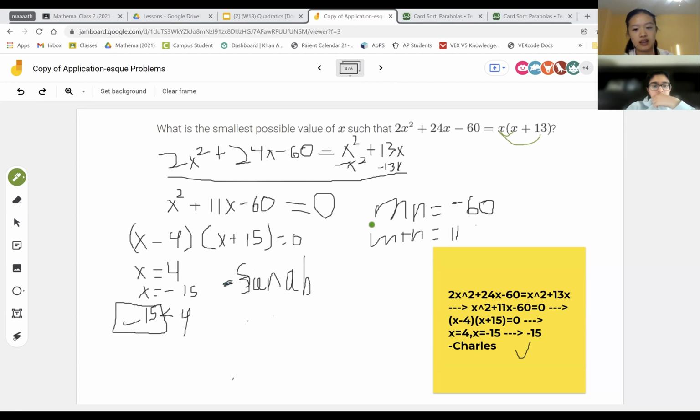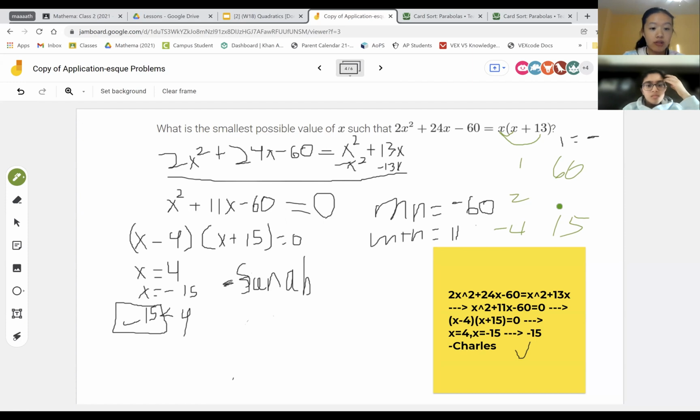And so then, again, we can use m and n. I guess we can use x plus m times x plus n. So m times n would equal negative 60, and m plus n would equal 11. If you list some factors of 60 out, you'll eventually find that 4 and negative 15 specifically multiply to negative 60 and add to 11.